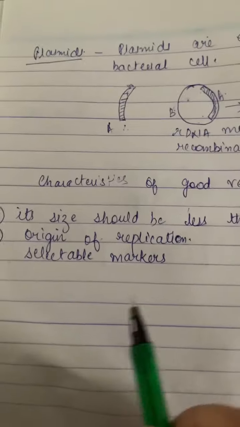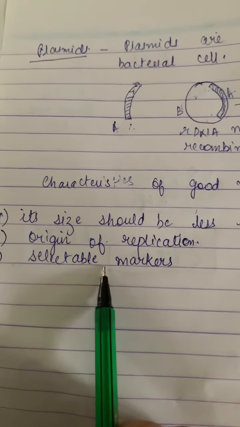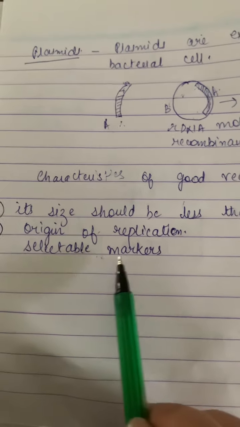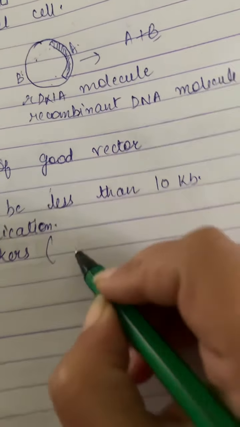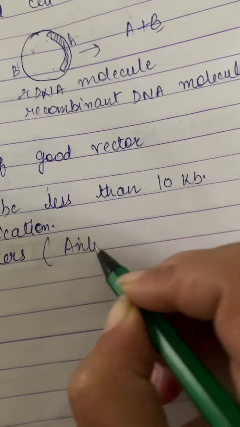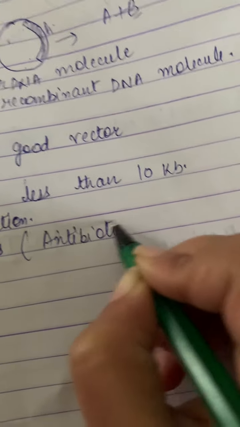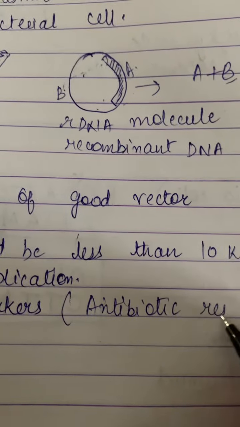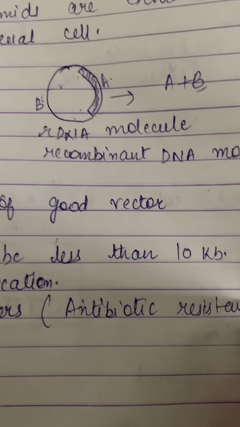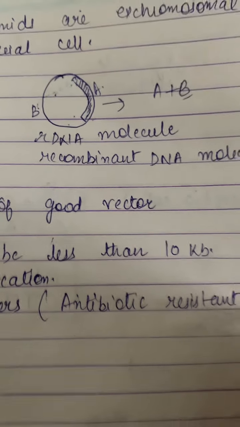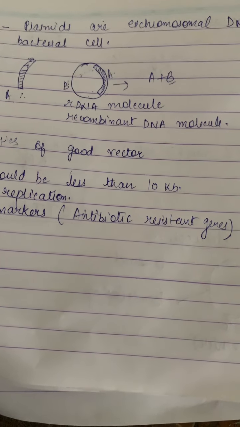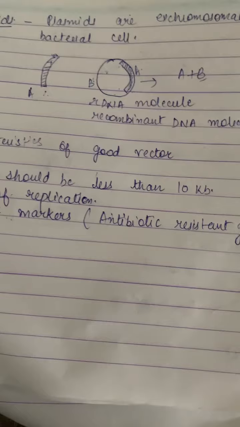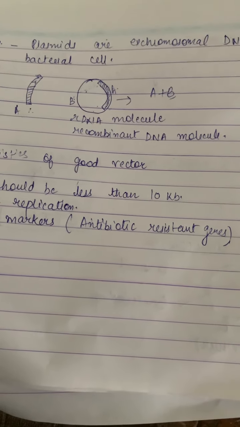It is also very important to know what it actually is. For now just remember that it should carry selectable markers, and the markers that we basically use are antibiotic resistant genes. It is also different in the different plasmids.